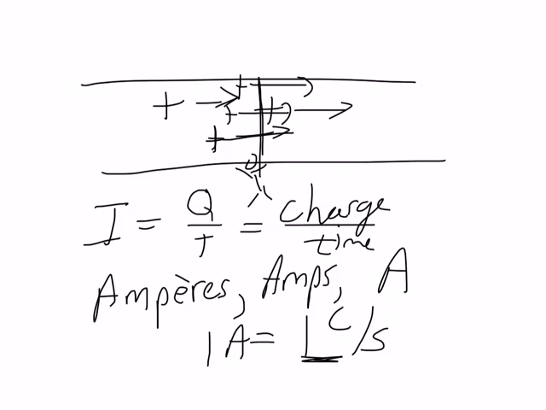Which brings me to a whole other point, which is what's actually flowing in a wire when we have a current. If we have a current this way, the symbol for current is I. What's actually going on, we talk about it as if it were the positive charges going to the right. But really, you and I both know that it's electrons that are free to move in most conductors, metals in particular.